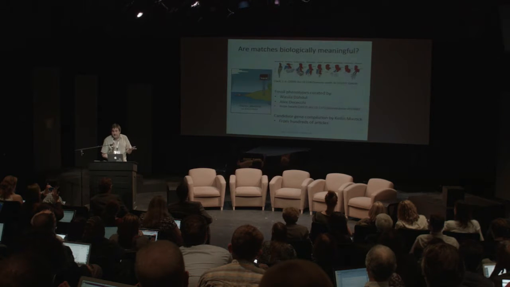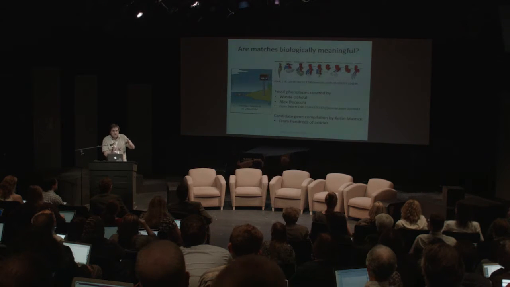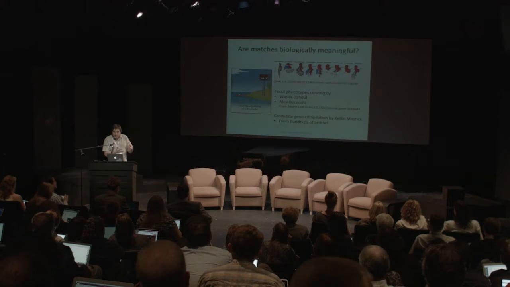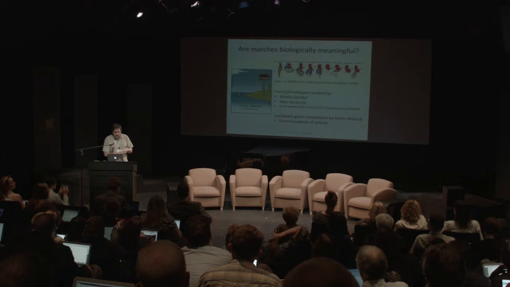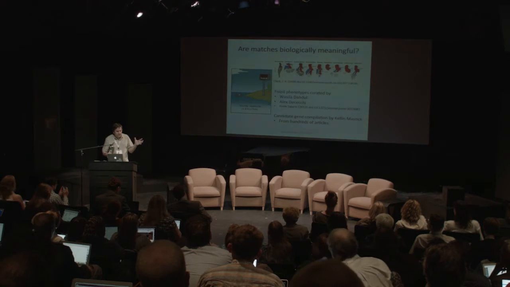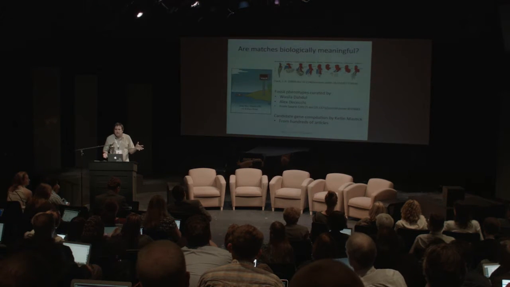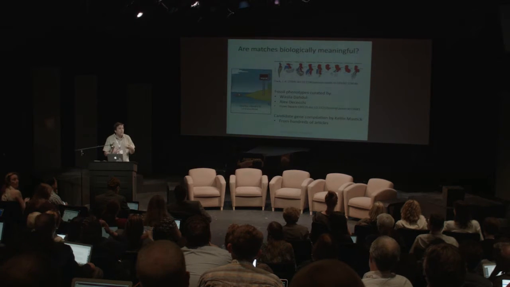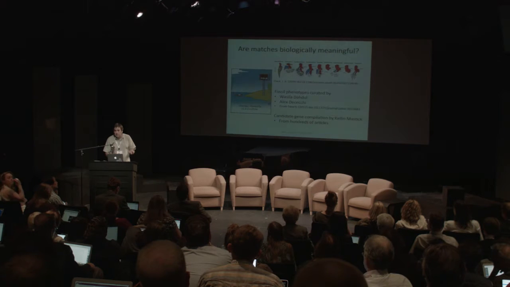And so there's really nice fossil data that tells us what some of these skeletal systems look like during that transition. And we have phenotypes curated for those fossils. And from the work of Kellen Mastick, we have hundreds of articles that have been curated so that we have the expert knowledge of what the candidate genes that have been proposed by developmental biologists are.